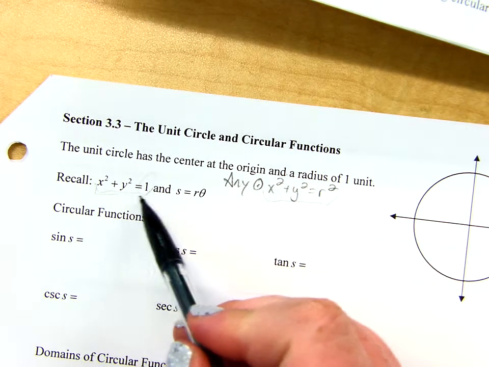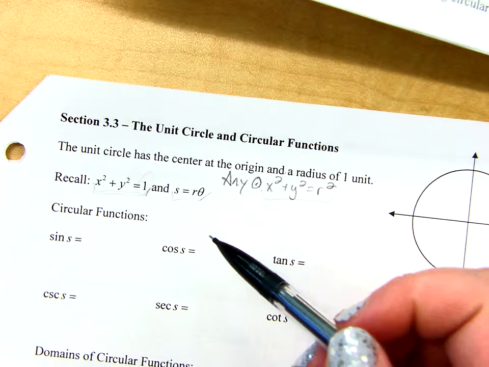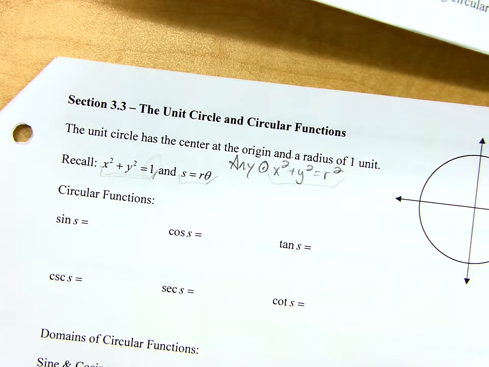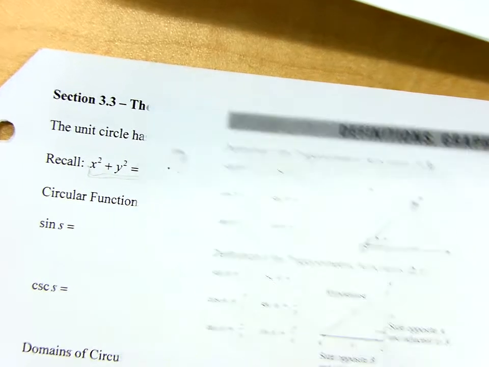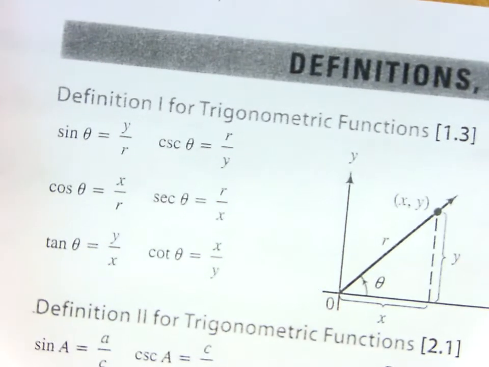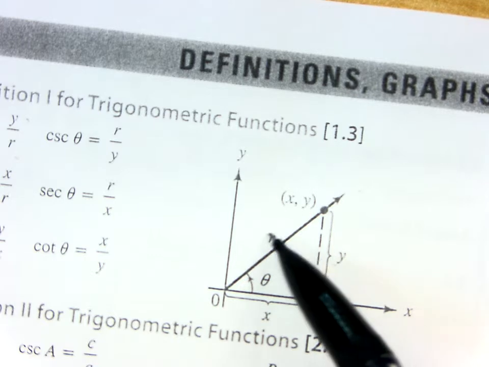So we're going to be using this formula here. We still have s equals r theta, right? Our formula that we learned in the other section. Now, do you remember way back in chapter 1 when we were making the triangle and we had sine equal to y over r?